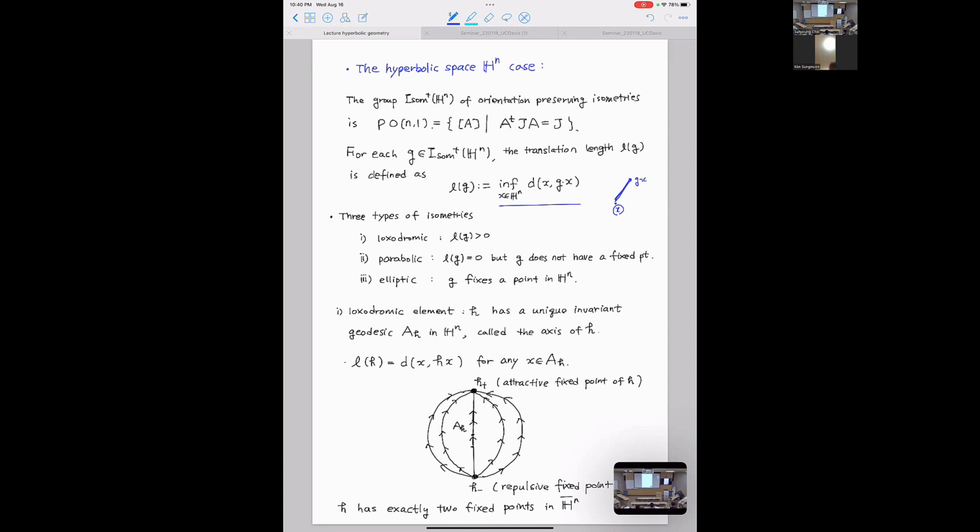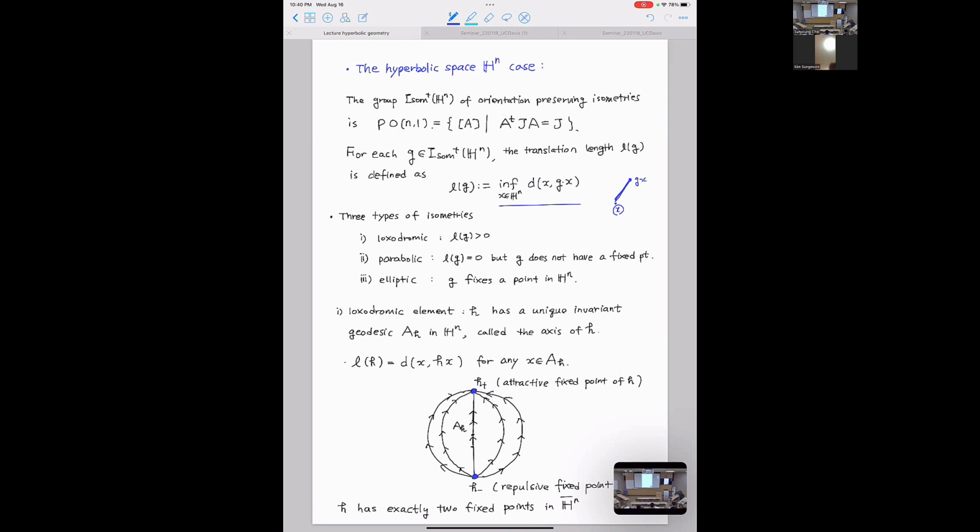So first, the loxodromic element h has two fixed points on the boundary, where h plus is the attracting fixed point and h minus is the repelling fixed point. So the dynamics looks like this.